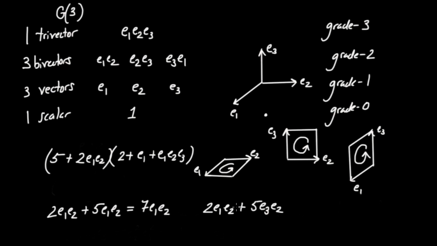You can add these bivectors together, and there's actually a geometric interpretation for this, but you can't really do much more than this. Although you could mess around with the factor. You could factor out the E2. You could write this as 2E1 plus 5E3 multiplied on the right by E2. But sometimes there's not much more you can do. You combine when you can, and when you can't, don't worry about it.